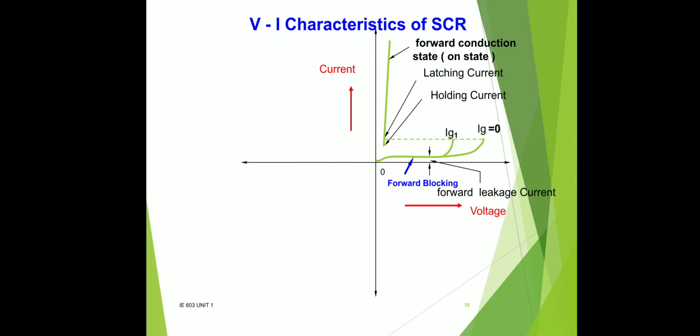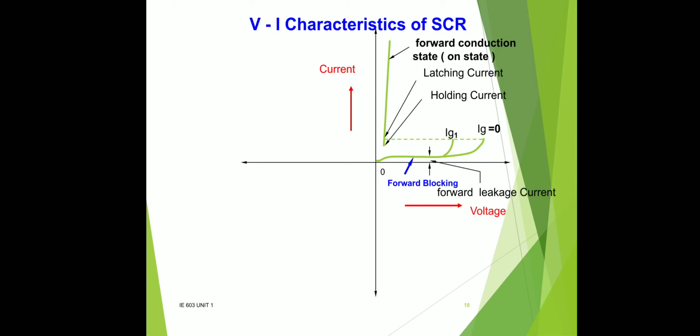If the forward current is less than this latching current, the SCR doesn't turn on, though the anode to cathode voltage is positive. That means if the current flowing from anode to cathode is less than the latching current, the SCR doesn't turn on.